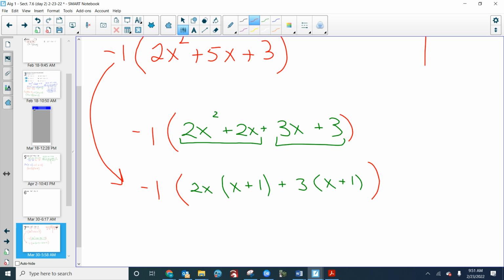Now, be careful. Do you agree right now? I needed these red parentheses because there's 2 terms on the inside. Do you see 1 term? 2 terms? Okay. So now we're going to do the same thing we've been doing before. Negative 1 stays out front. But our inside, we're going to have an x plus 1 times a 2x plus 3.